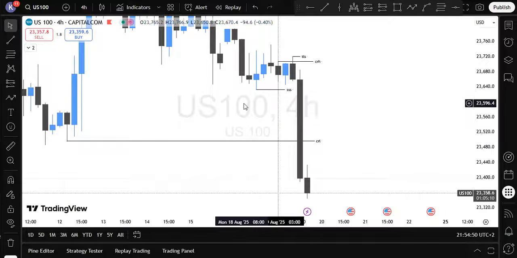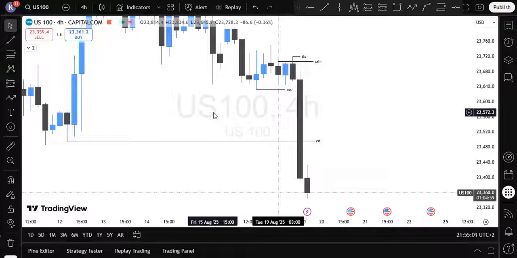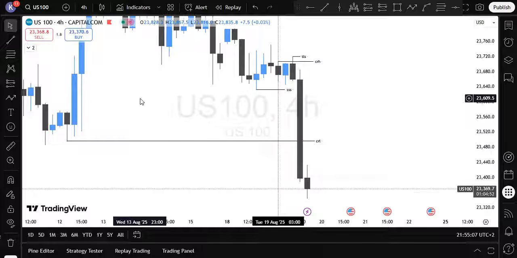This is the complete setup on the H4 time frame, but you don't get an entry on the 4 hours time frame. You understand? So now what do you need to do? You need to go to a lower time frame. With me, I prefer the 15 minutes time frame. When you get to a 15-minute time frame, we only have 2 entry models.